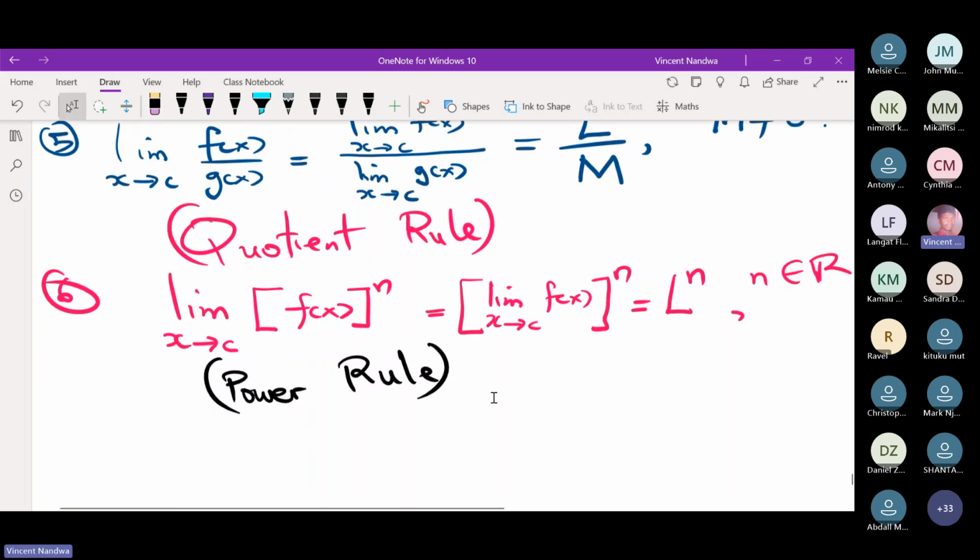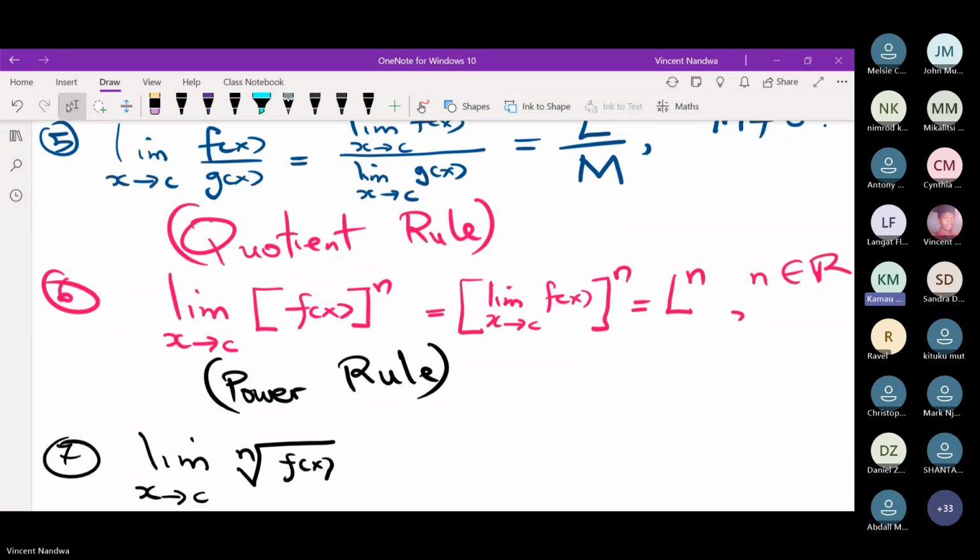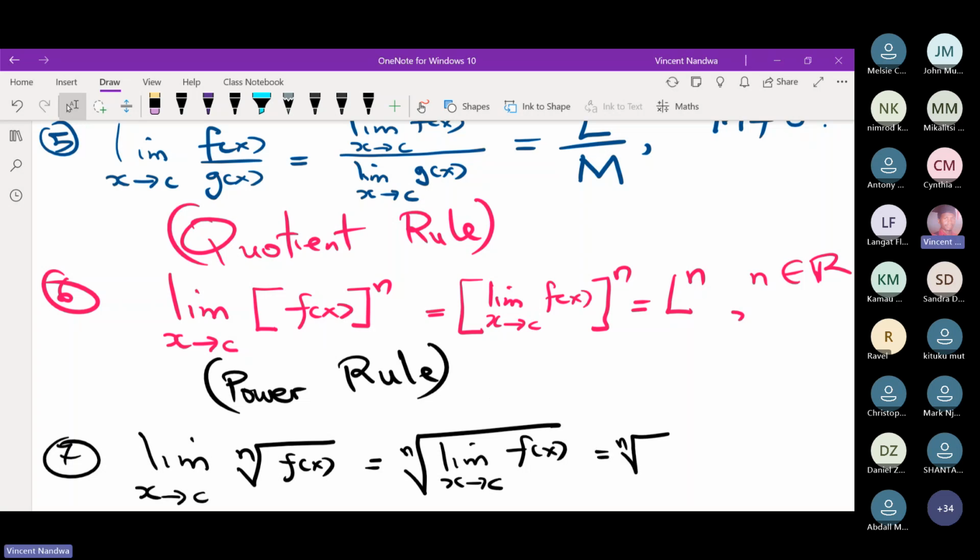Then lastly, number 7, the limit as x approaches c of the nth root of f of x is the same as the nth root of the limit of f of x as x approaches c, which is the same as the nth root of L, which is the same as L to the power 1 over n.